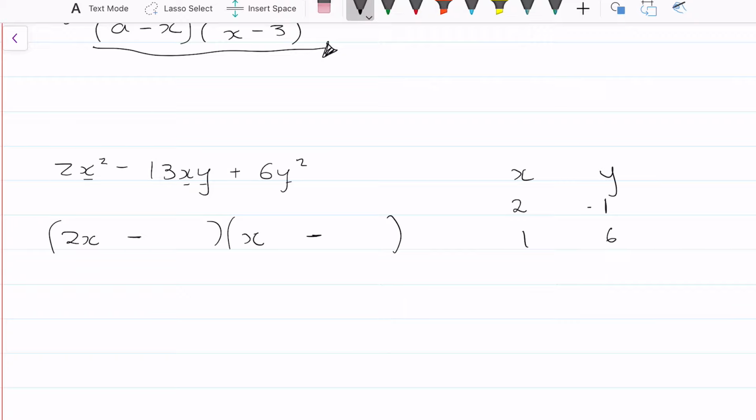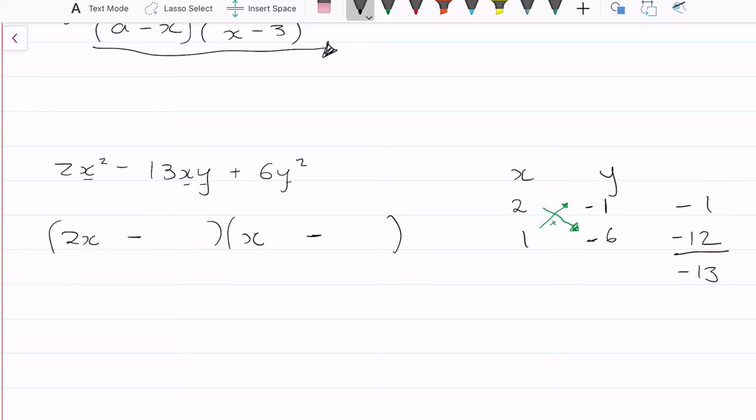We know that these are both minuses. Then we multiply across. So you multiply there, you multiply there, and you write the answer. Then we have 2 times minus 6 is minus 12, 1 times minus 1 is minus 1. And then we sum these, and we have minus 13.